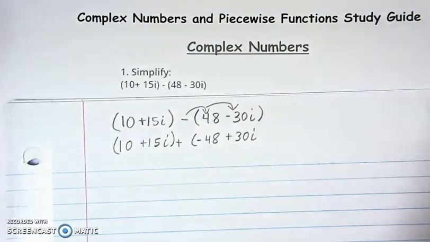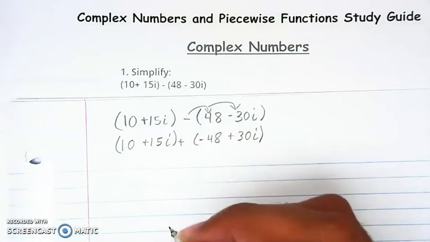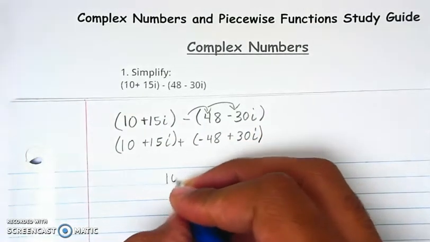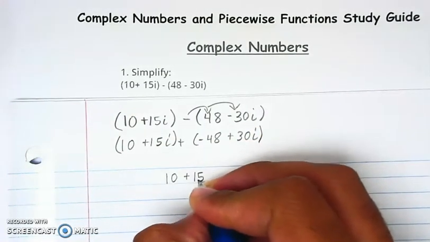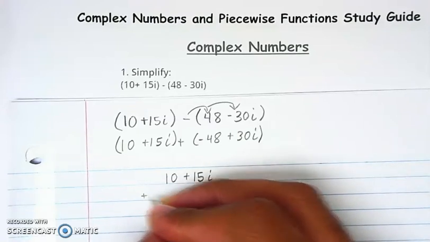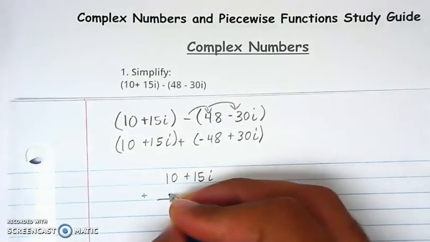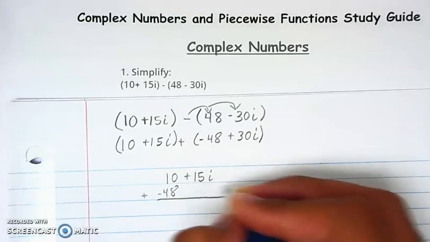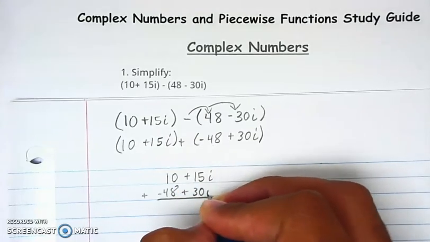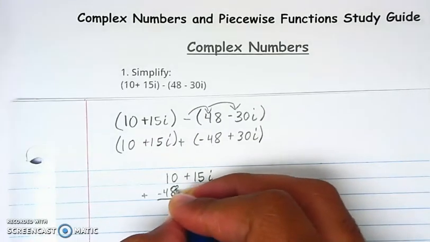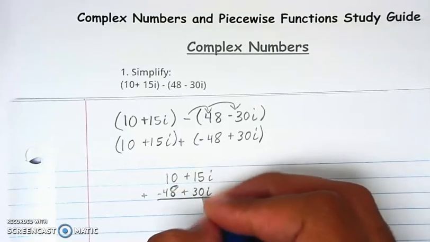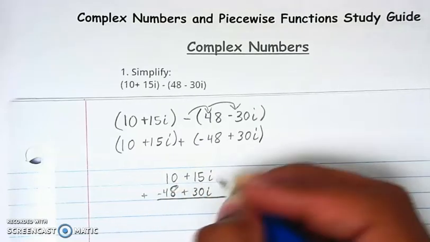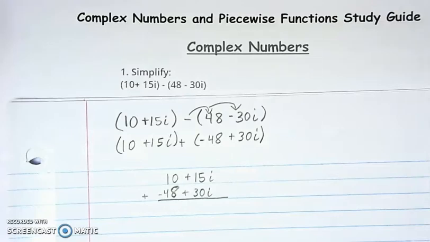What I normally do, and what we've done in class, is set that up vertically. So we have 10 plus 15i plus a negative 48 plus 30i. Remember, we lined up the like terms, so the whole numbers are here and our complex terms here.